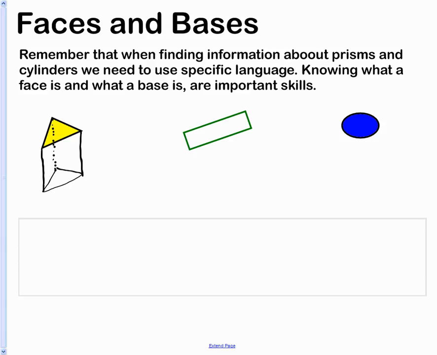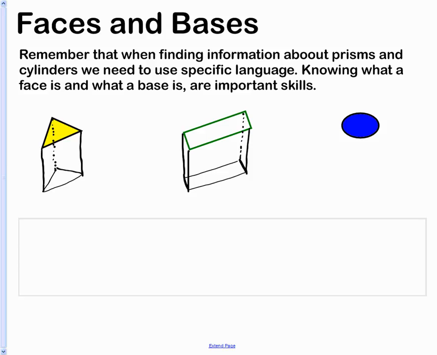We would extend it in exactly the same way, and again, as we did with the triangular prism, we would be discovering that there are faces and bases. The bases are the two congruent shapes, and the faces are the ones that extend outward from those bases.